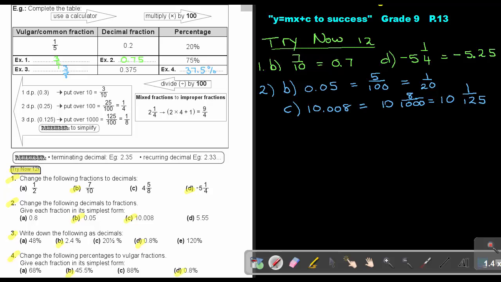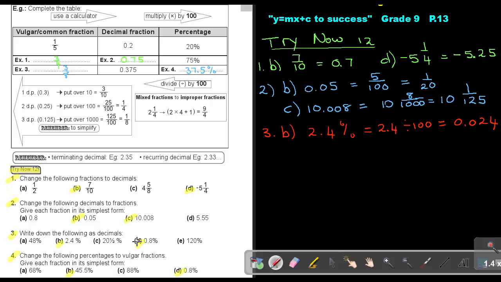Okay, and if I look at number 3, write the following as decimals. So it's 2.4%. If I want to go from percent to a decimal, I just divide by 100. So 2.4 divided by 100 will give me 0.024.